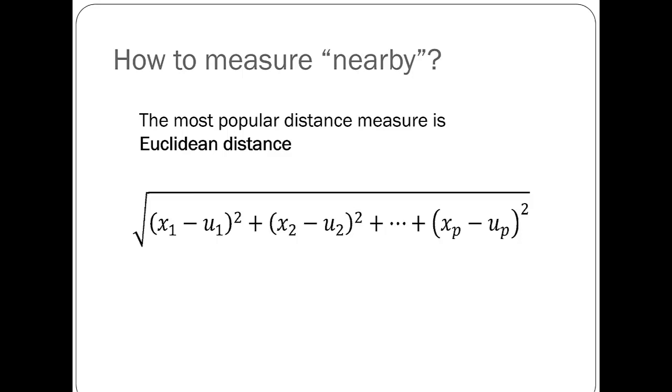This is the same Euclidean distance that you learned back in geometry in high school. The idea is to take your data value, x1, and subtract from that the first variable for the first data point, square that distance, do the same thing for all the other variables for that first data point, and then take the square root, and that gives you the Euclidean distance between you and the first point in the data set.